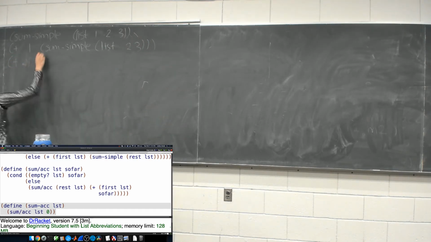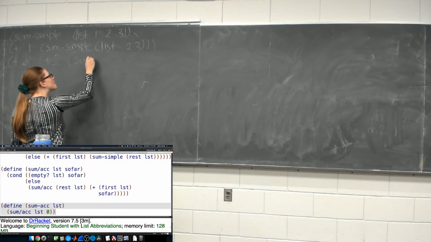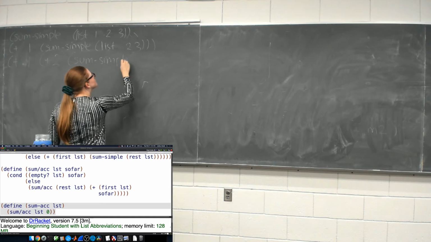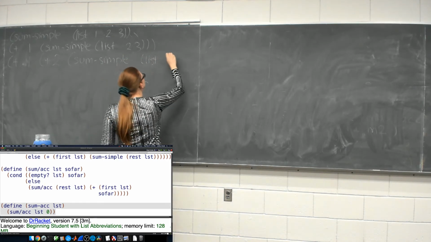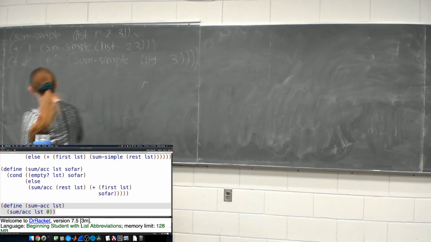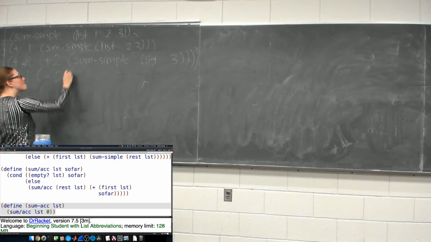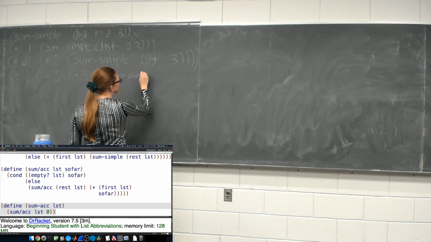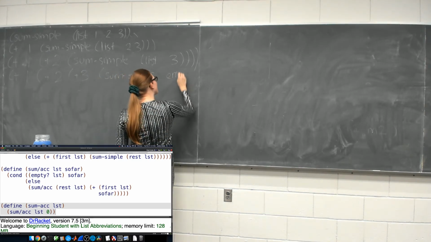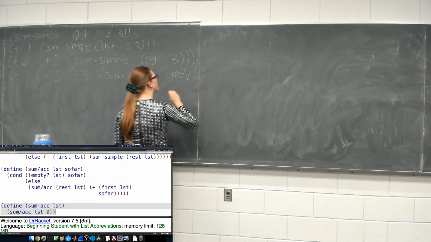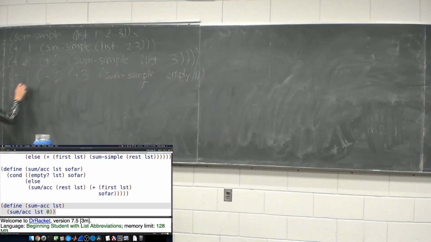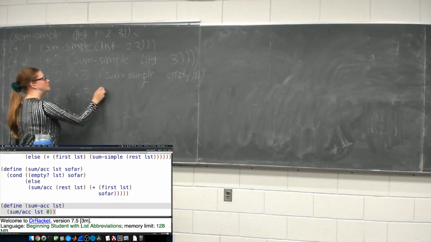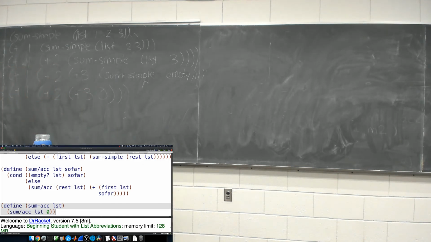The next application gives me this. And then we get, which we know some steps later gives me 6. Do you see where the combination happens?